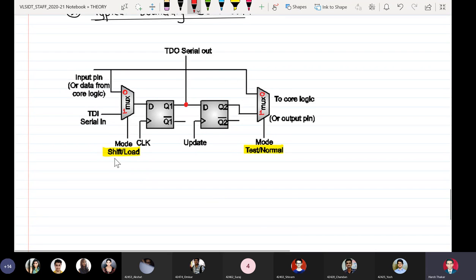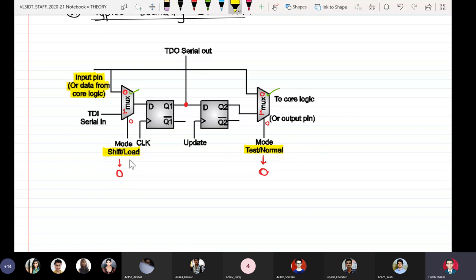Naturally, if this signal is connected to 0, and this is connected to 0, then this input is selected. Whatever data is coming from core logic or from the input pin will be sent inside the IC.